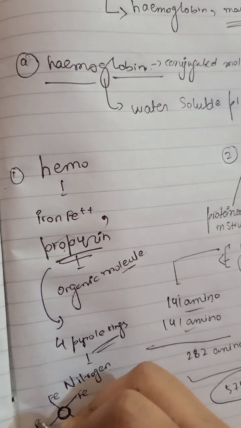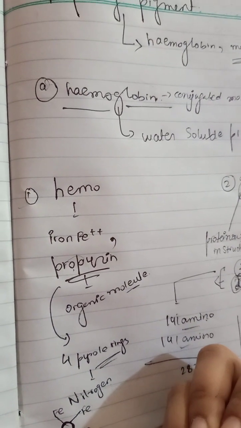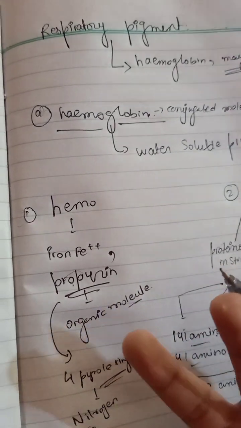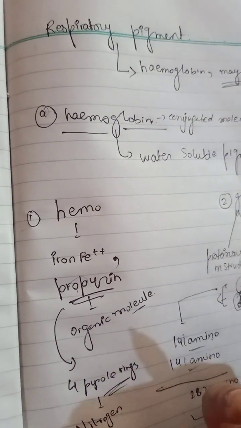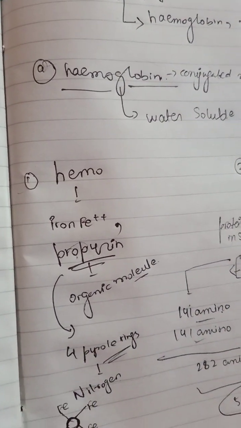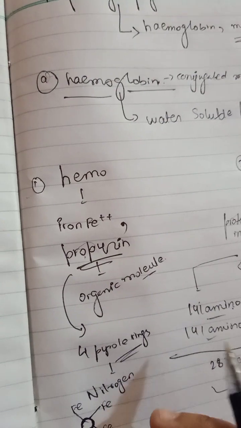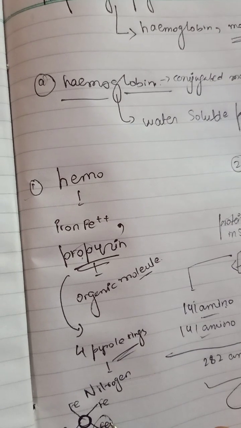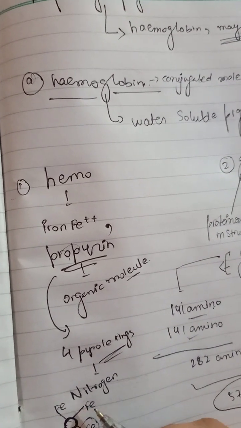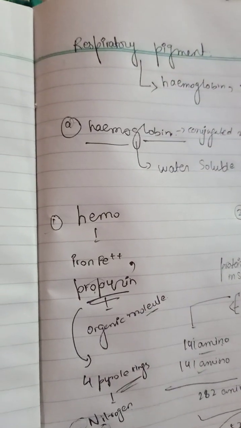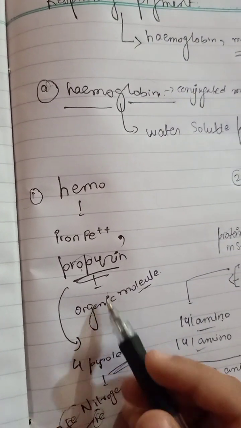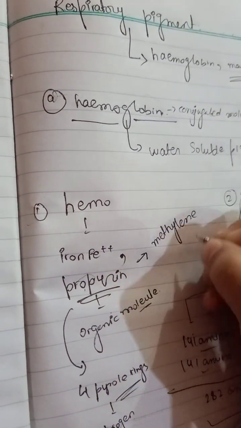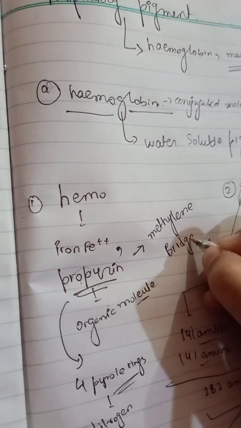Each pyrrole ring contains nitrogen and will hold one iron atom, so with four pyrrole rings there will be four iron atoms. The bridge of this porphyrin is called the methylene bridge, which means in the center we have the methylene bridge.